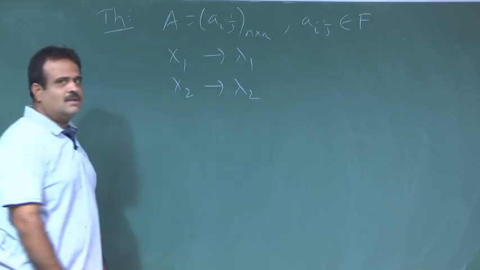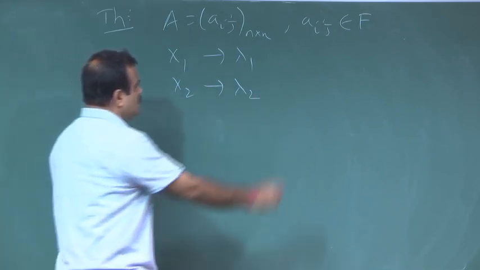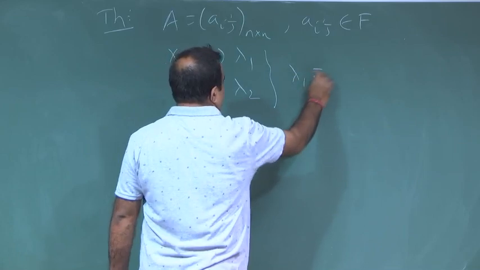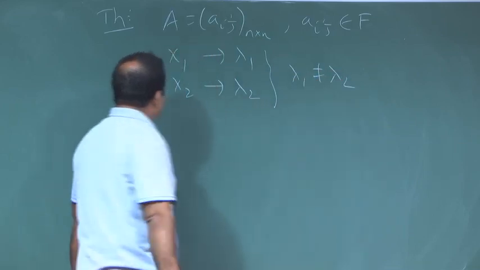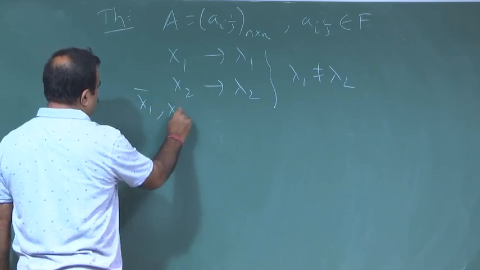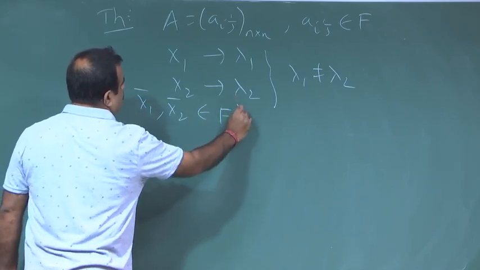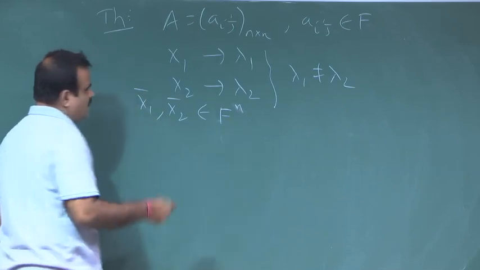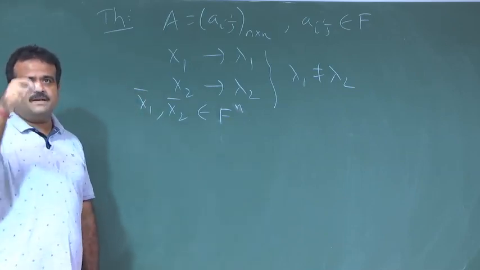They correspond to two distinct eigenvalues, such that lambda 1 is not equal to lambda 2, and x1 and x2 are n-tuples whose elements are from the field.